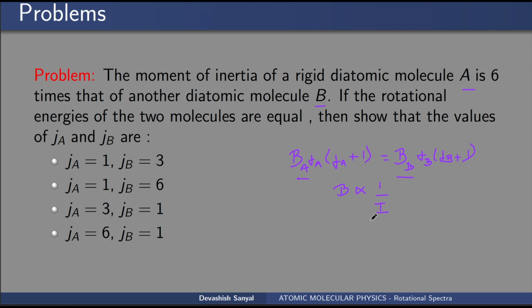So according to here, B A by B B is equal to 1 by 6.